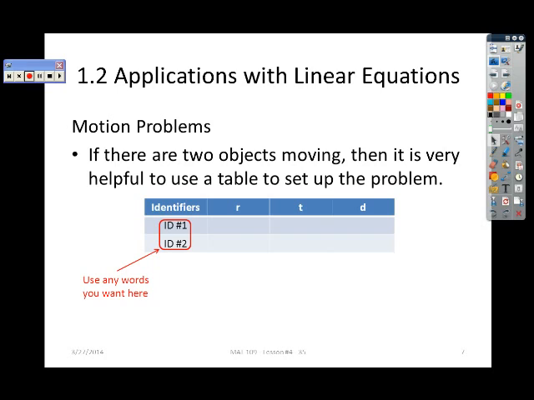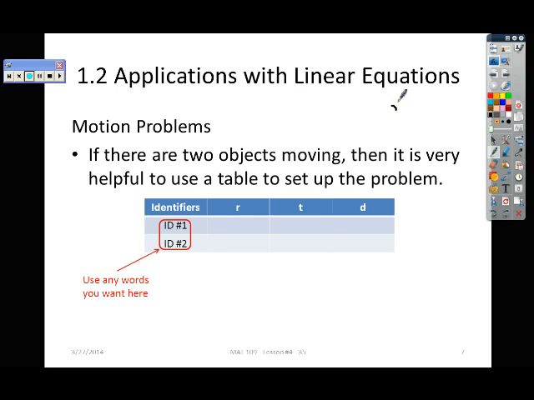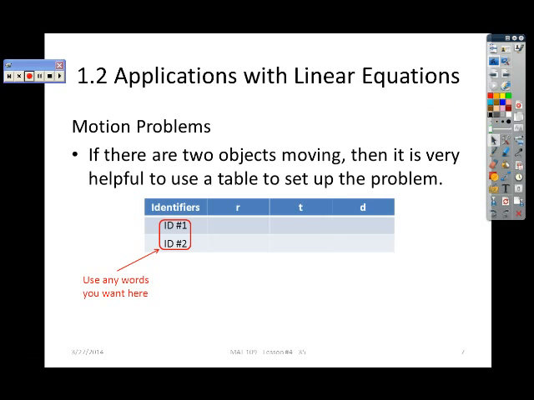What was our motion formula? What are our columns? Distance, rate, time. That's where the 3 columns come from, because we're going to use this formula to help construct this table. All right, so identifiers there.